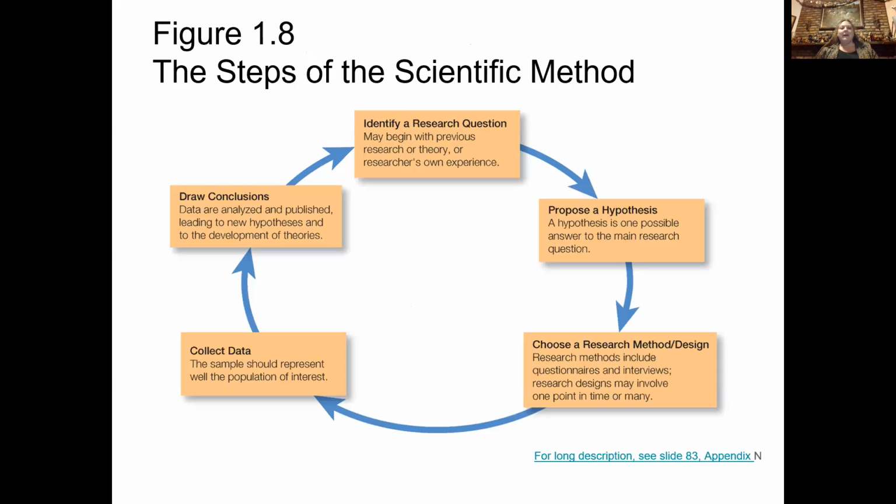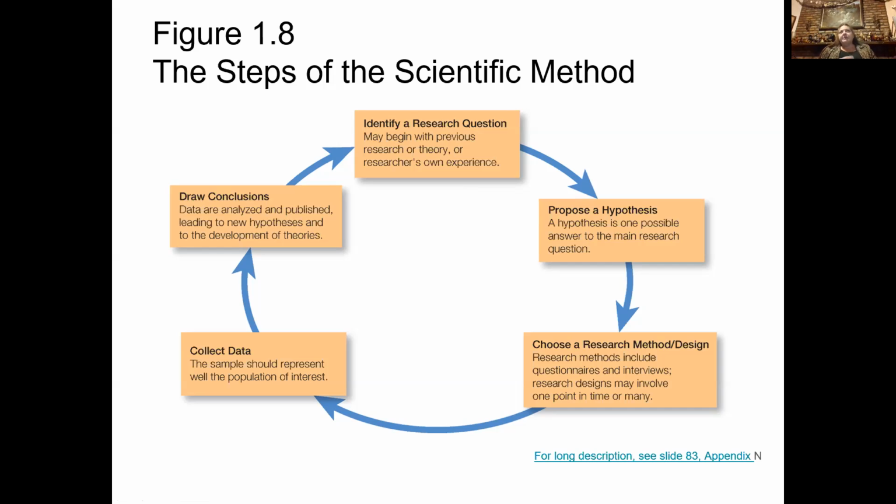Okay, so the scientific process is kind of a circular process. You're going to start off by identifying a research question right up here. It may begin with previous research or theory or the researcher's own experiences.